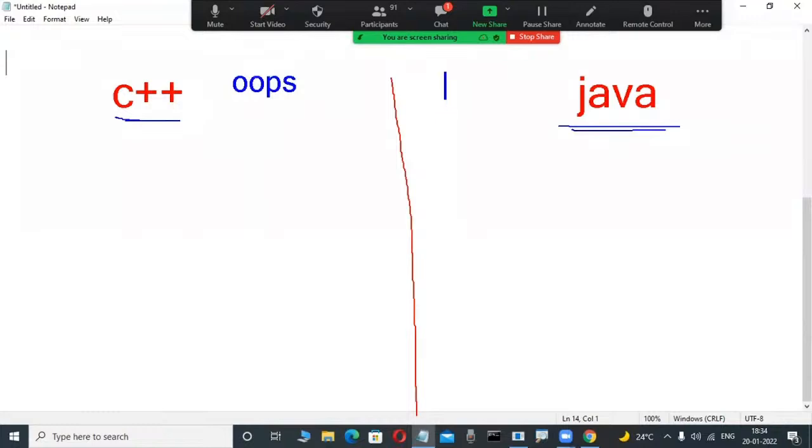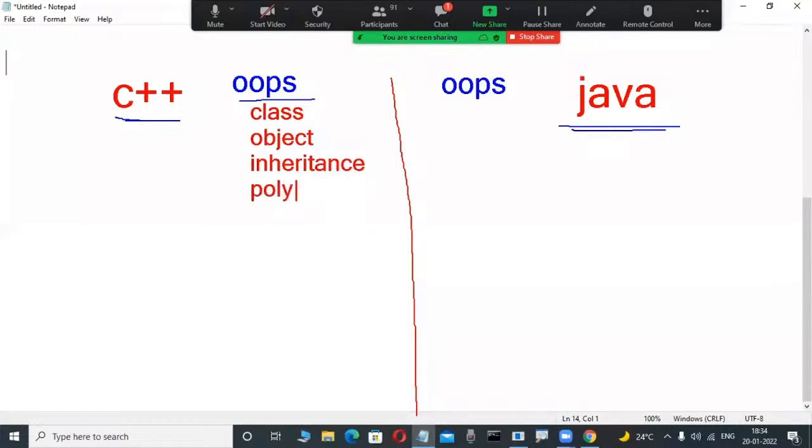Here also OOPS concepts are there, and here also. Maybe some fellows have an idea: class is a concept, object is a concept, inheritance is a concept, polymorphism is a concept. In Java also, OOPS concepts are there: what is class, what is object, what is inheritance, what is polymorphism. So many concepts exist. Conceptually, class, object, inheritance, polymorphism are the same in C++ and Java, like encapsulation and binding also. But observe here, anybody guess it.